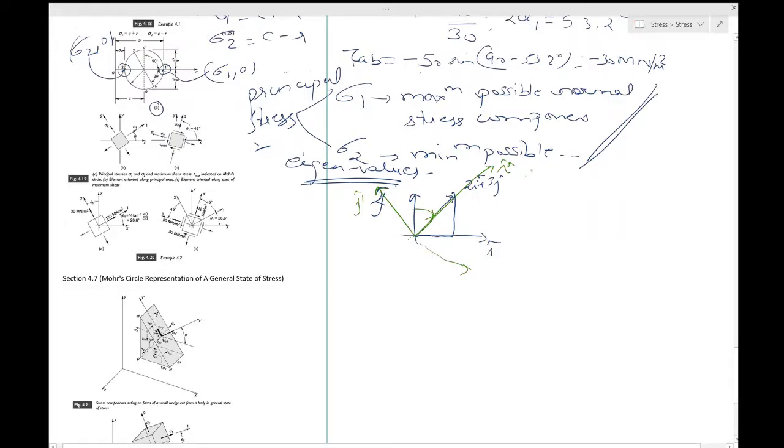So there are actually two values of particular rotation that allow the entire vector to come along one direction and none along the other.